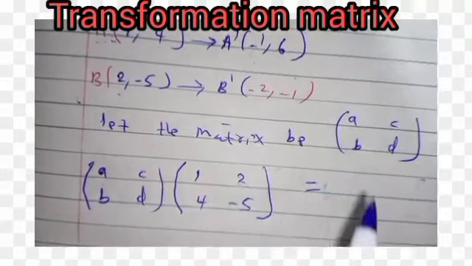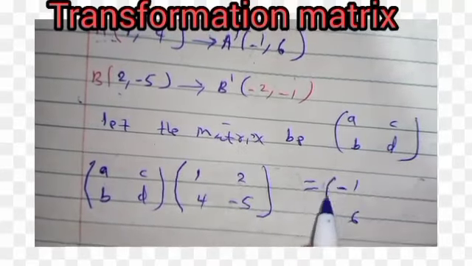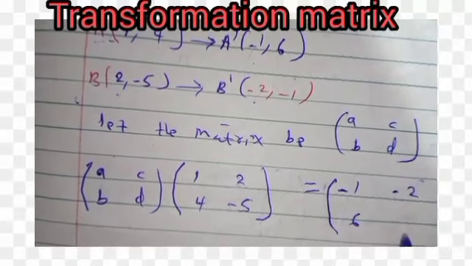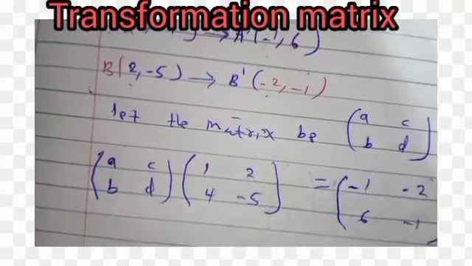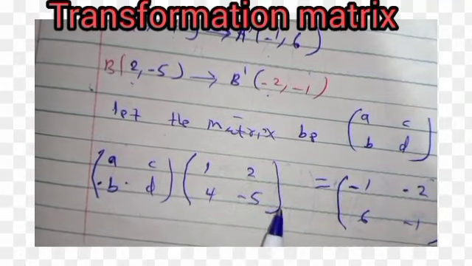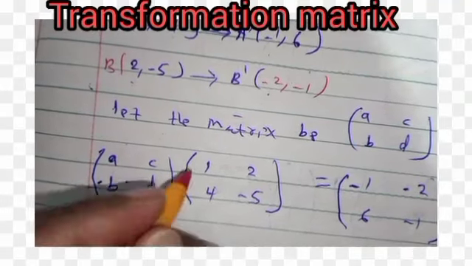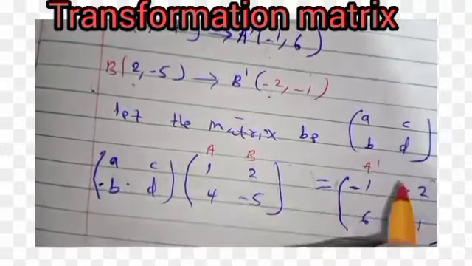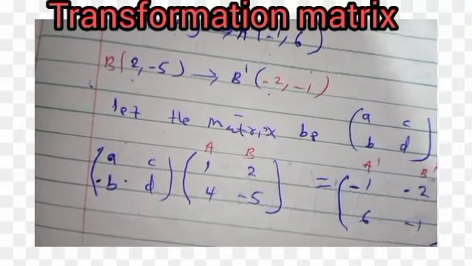Our image is (-1, 6) and the other image is (-2, -1). So a matrix of transformation multiplying by the object will give you the image. Remember, this is our A, B, this is our A prime, this is our B prime. So that is what we are going to do.